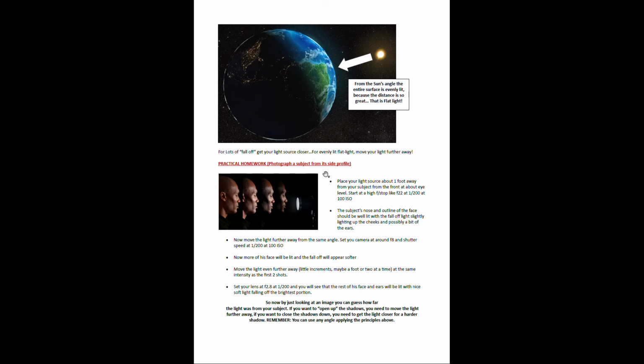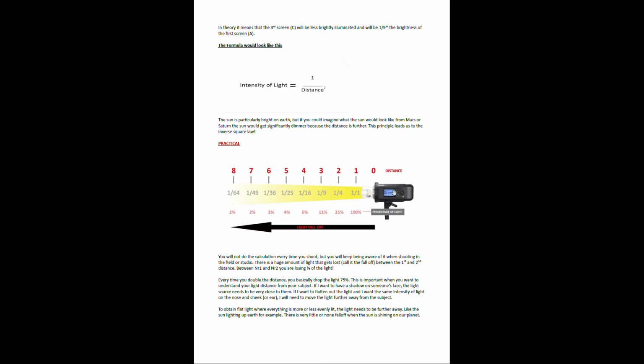This is a practical example that I want you guys to go and do. All the instructions to get that done are here, just to illustrate the light fall off. Something else you can do is take your flash, put it up against your wall, and measure out 30 centimeters with your ruler at a time, and then take a shot with a little bit darker background, and see for yourself the amount of light fall off you lose the further away the light gets from the main light source.